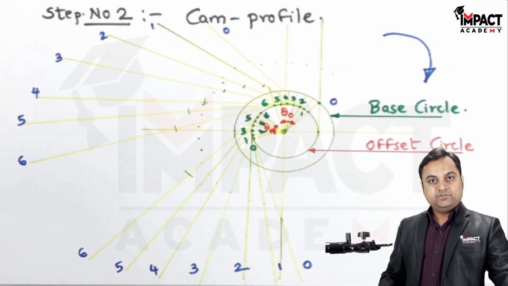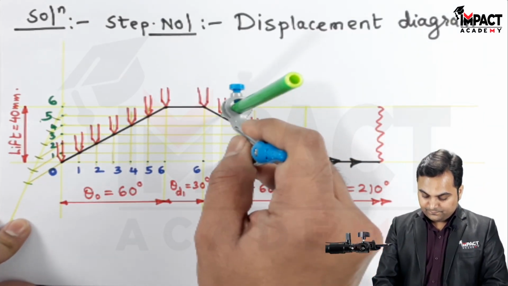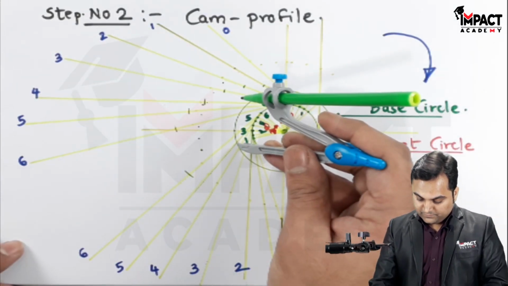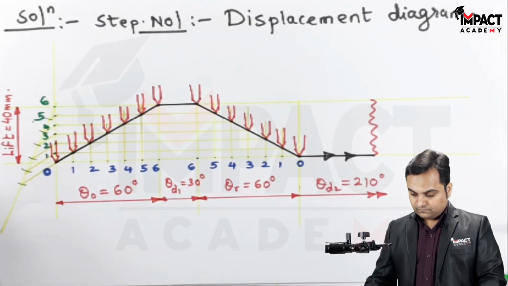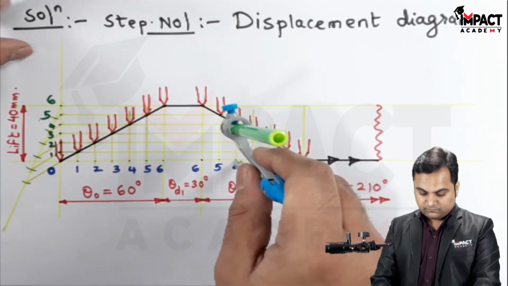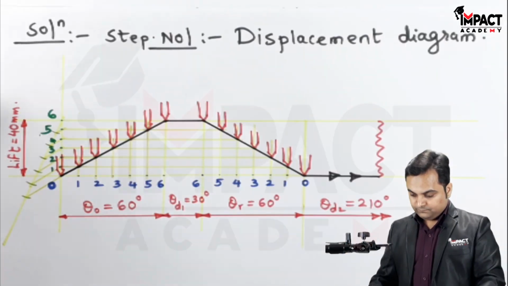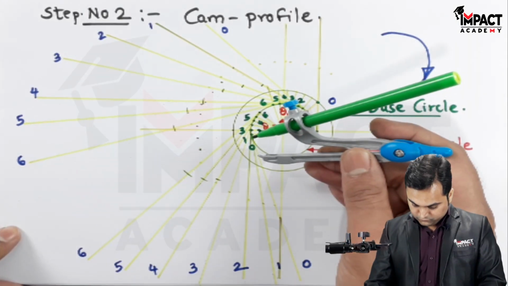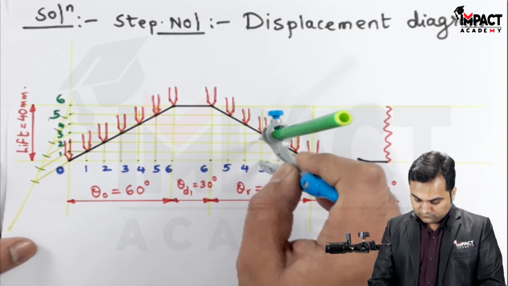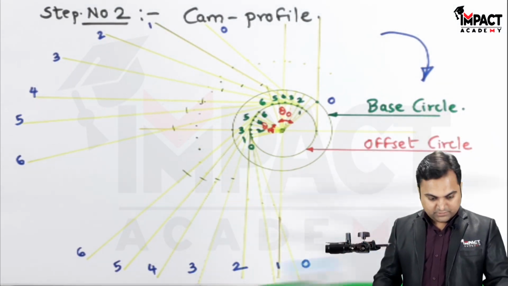Next, for the return stroke, after 6, point number 5. From the base circle onto the fifth tangent. Next, onto the fourth, point second. Third, then second.